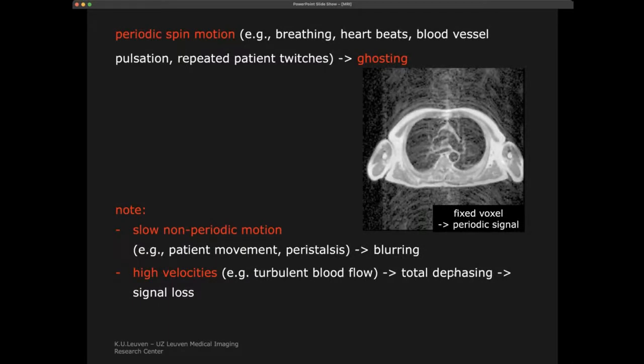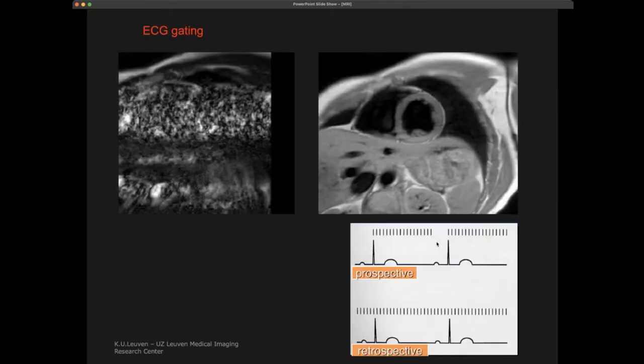Here's a typical one, a motion artifact, which is because of the heart motion. Because the heart moves inside the chest, we get these abnormal artifacts if we want to image the heart.